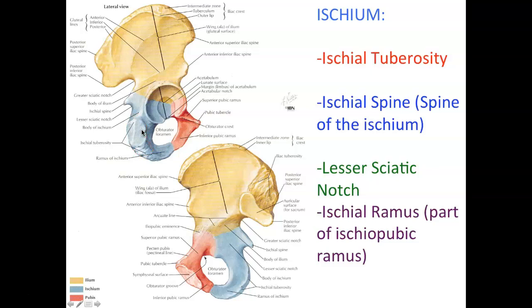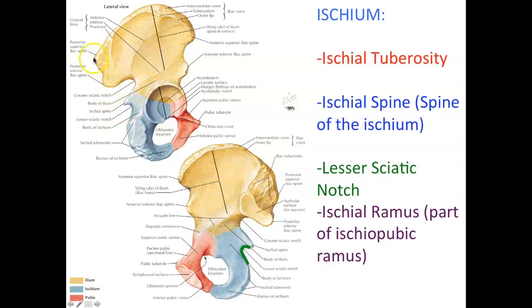Next, we have your ischial spine. It is lower than your greater sciatic notch that we identified earlier, and it sticks out like a thorn. Okay, your ischial spine or spine of the ischium. Below that area, we have another dip. Right here is your lesser sciatic notch, and we're going to have some other nerves coursing through here that we'll talk about in your nervous system.